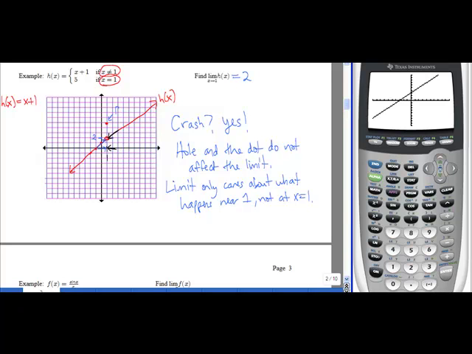This is f of 1 right here. We don't care what f of 1 is. We just care what happens right near 1 on either side of it. That's a tricky idea, but just remember that holes and these extra little floating dots don't matter. It's only going to be, do the cars crash and where do they want to crash? And if they crash, that's your limit.